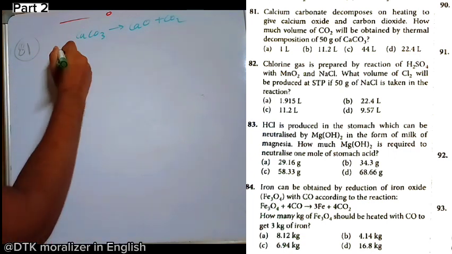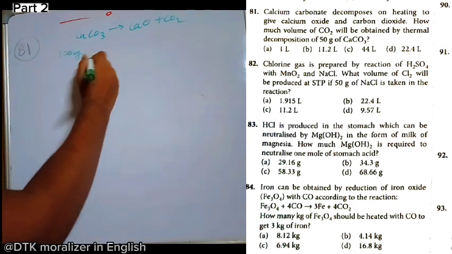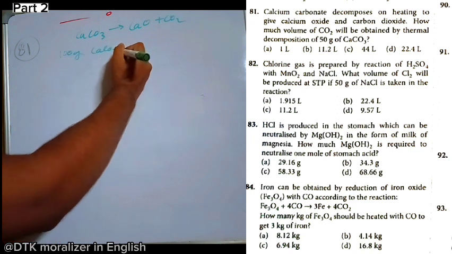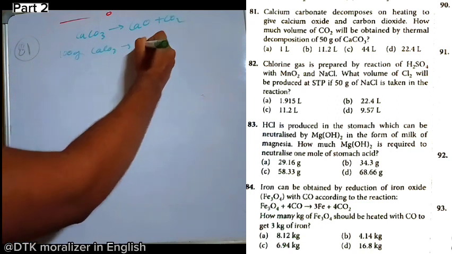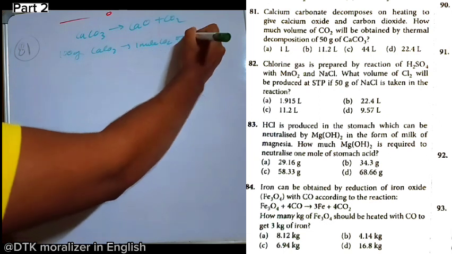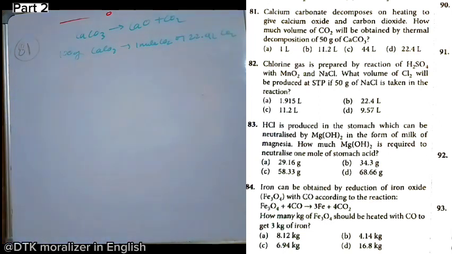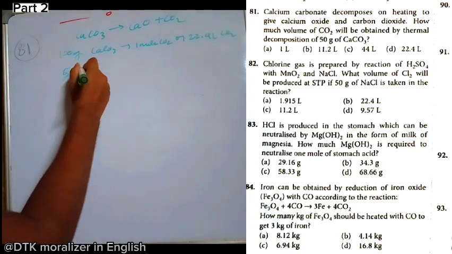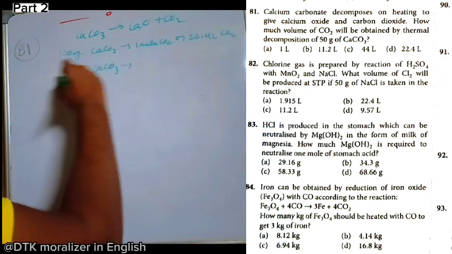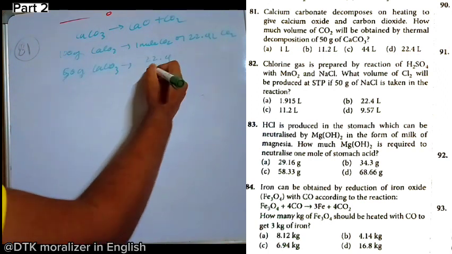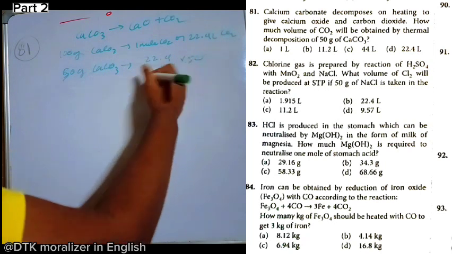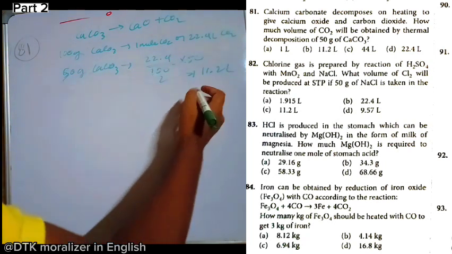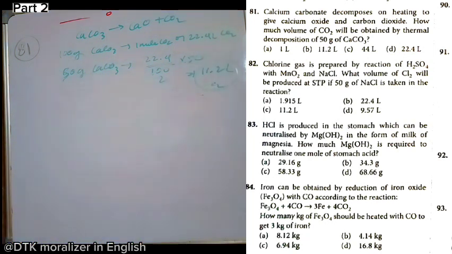Calcium carbonate on decomposition gives calcium oxide plus CO2. 100 grams of calcium carbonate produces 1 mole of CO2 or 22.4 liter of CO2. For 50 grams of calcium carbonate, it is 22.4 liter by 2, which is equal to 11.2 liter. Here option B is right.